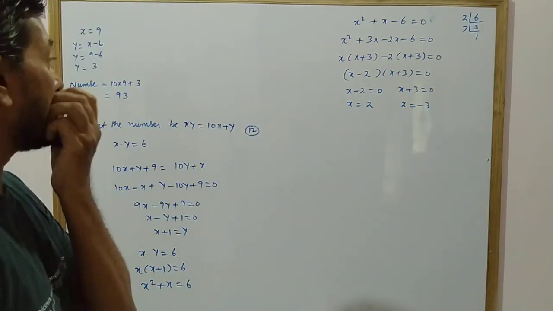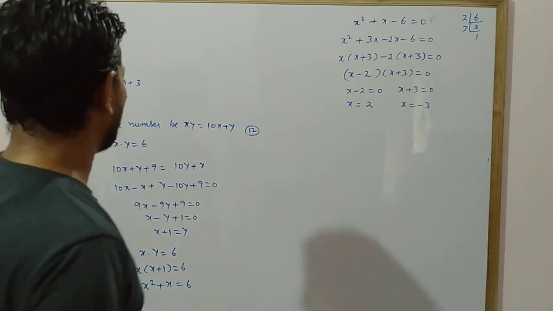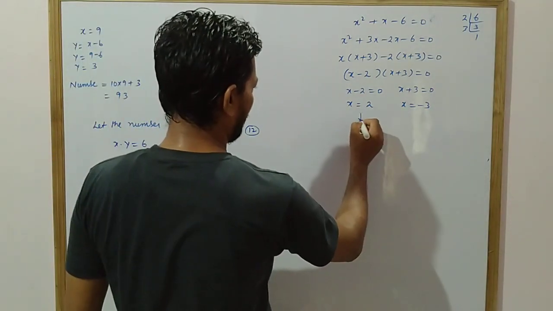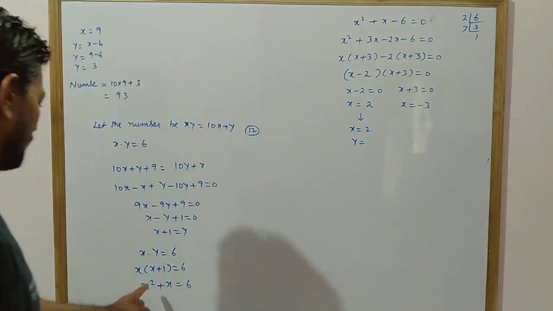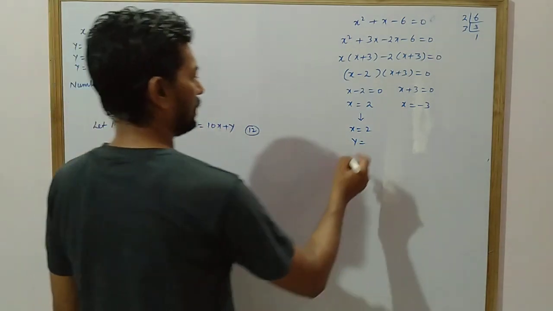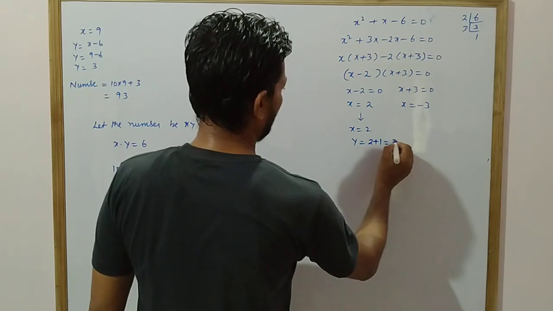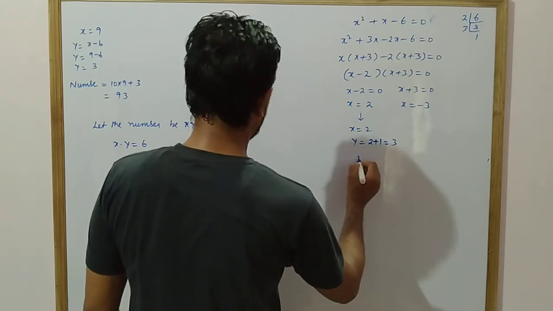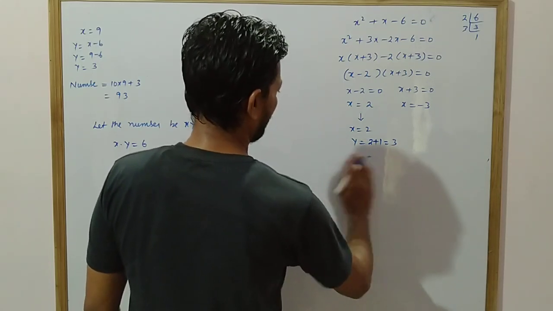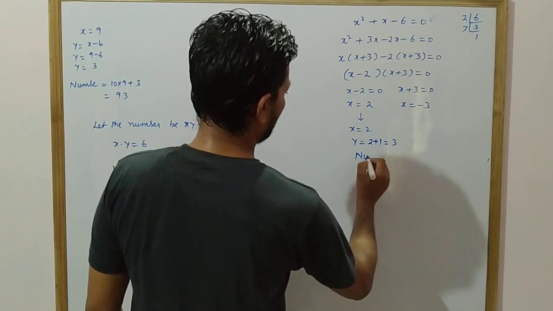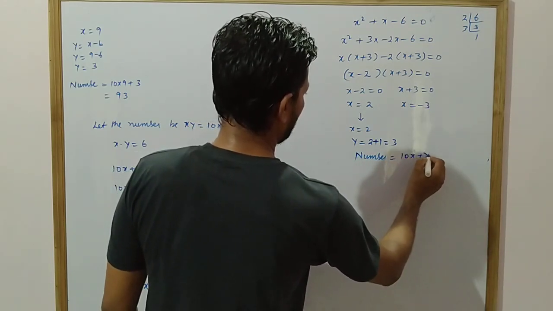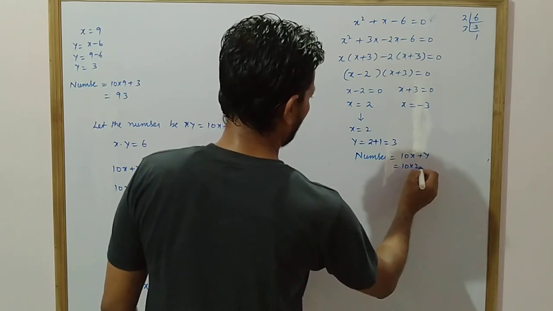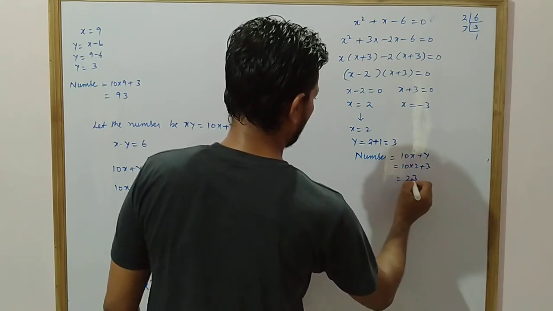So we cannot take negative number, okay? We will not take negative number. So we are taking x equal to 2. So y is x plus 1, 2 plus 1, that is 3. So number will be 10x plus y, 10 into 2 plus 3, that is 23.